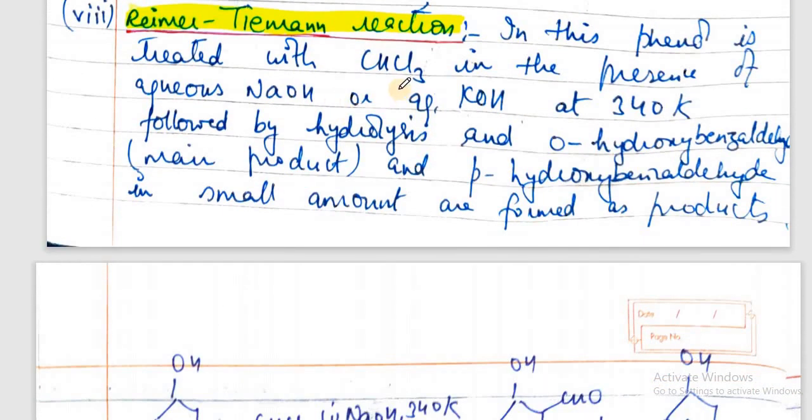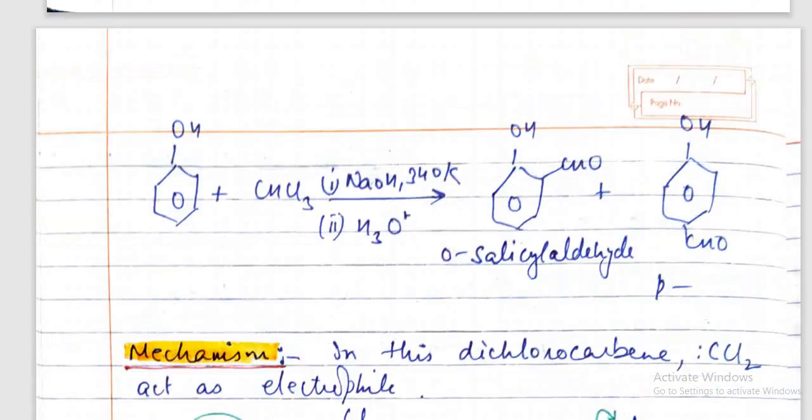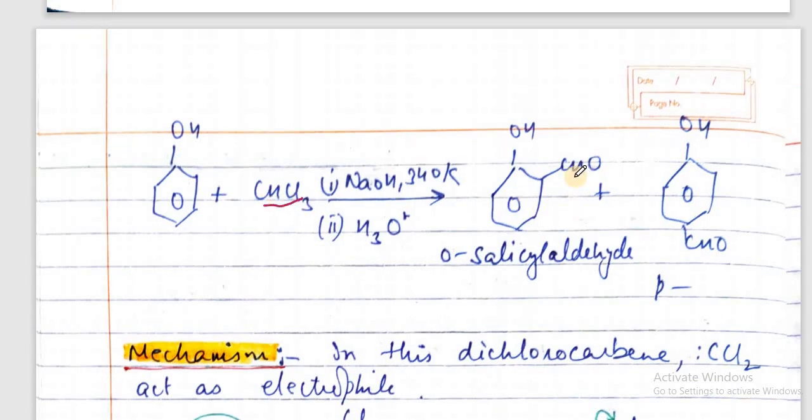In this reaction, chloroform in the presence of aqueous NaOH or potassium hydroxide reacts at 340 Kelvin, and then by hydrolysis we get two products, ortho and para products, that are this CHO group present at the ortho position or at the para position.